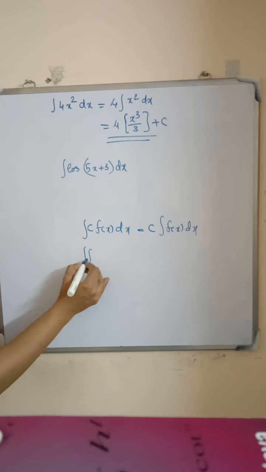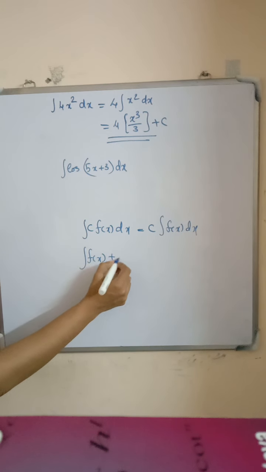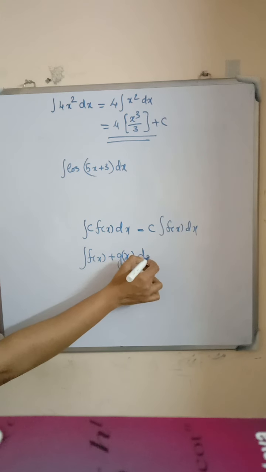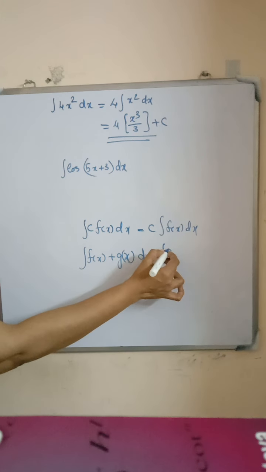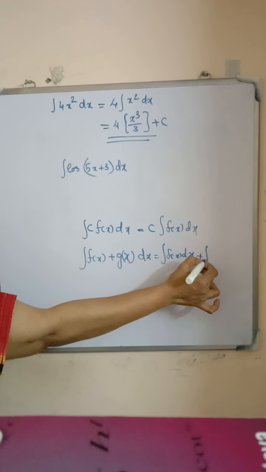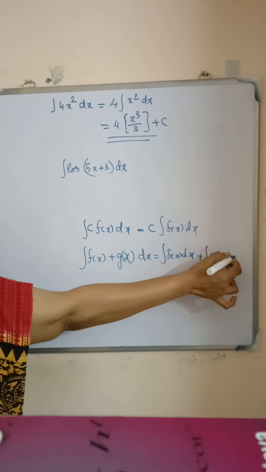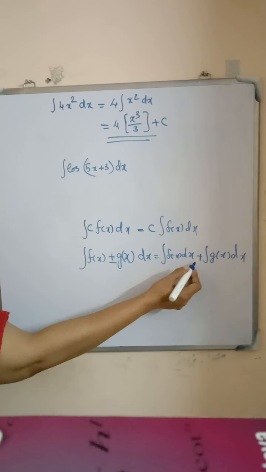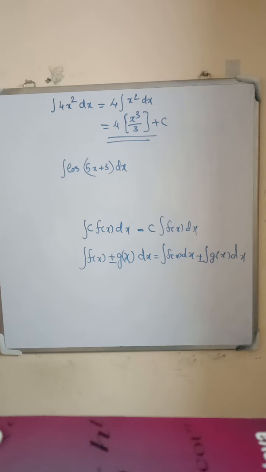Also the integral of f of x plus g of x dx, the sum of two functions, is equal to integral f of x dx plus integral g of x dx. For f of x minus g of x, it is integral f of x dx minus integral g of x dx.